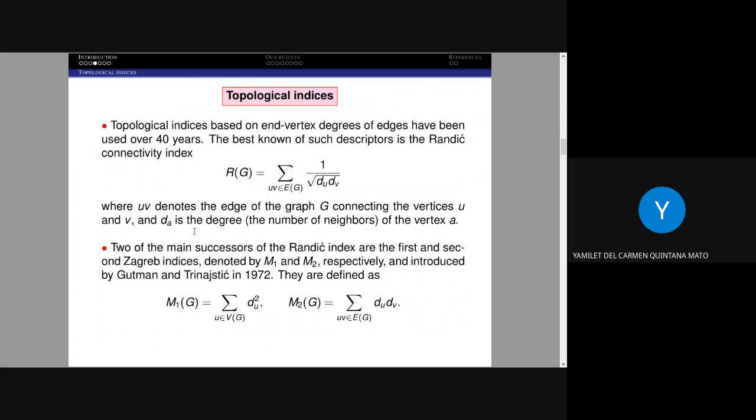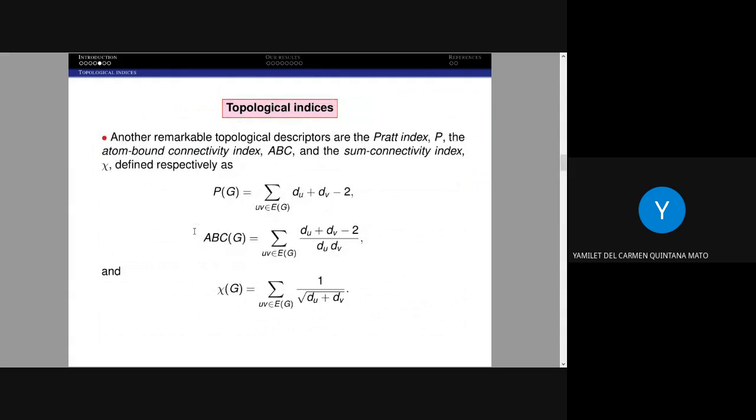Two of the main successors of the Randić index are the first and second Zagreb indices, denoted by M1 and M2 respectively, introduced by Gutman and Trinajstić in 1972. Another remarkable topological descriptor are the Platt index P, the atom-bond connectivity index ABC, and the sum connectivity index Xi, defined by the three expressions appearing in this slide.